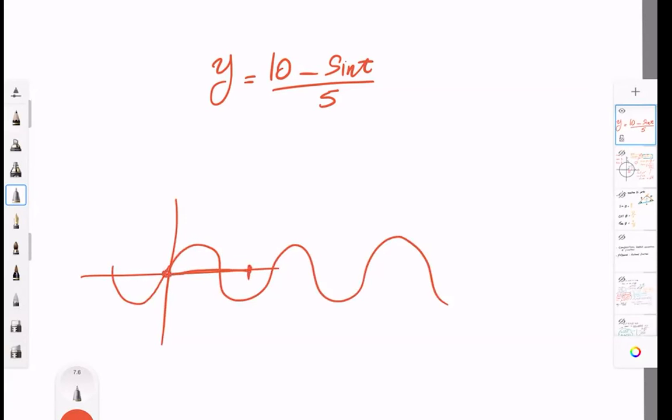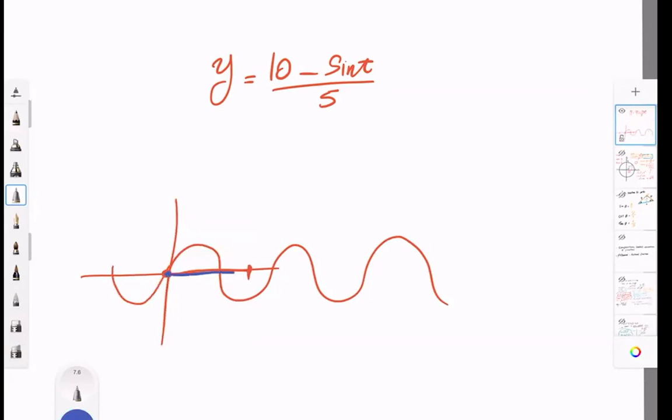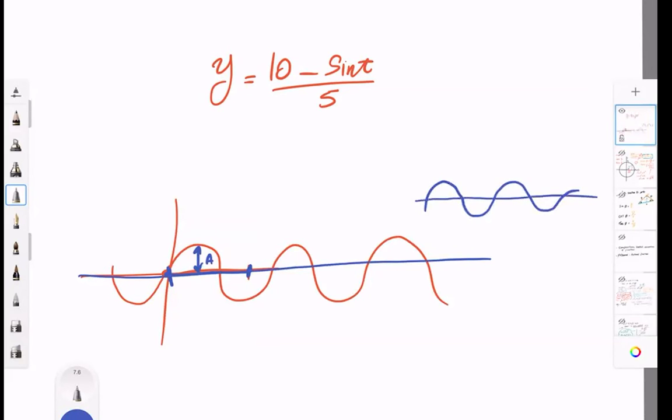For example, from here to there, that's the period of the graph. And this is the amplitude, A. We also use a line that cuts the graph. If this is a periodic function, this will be the midline. Usually it's like y equal to something.